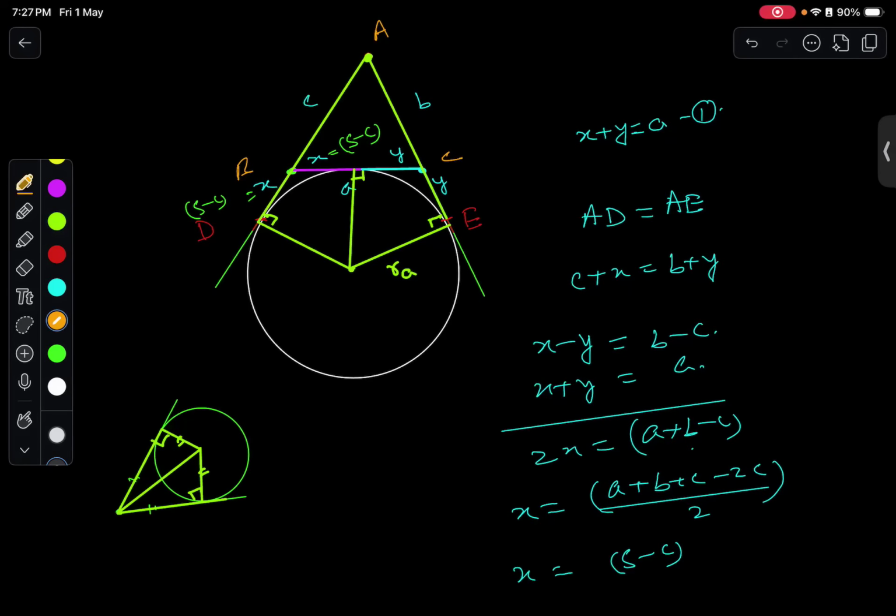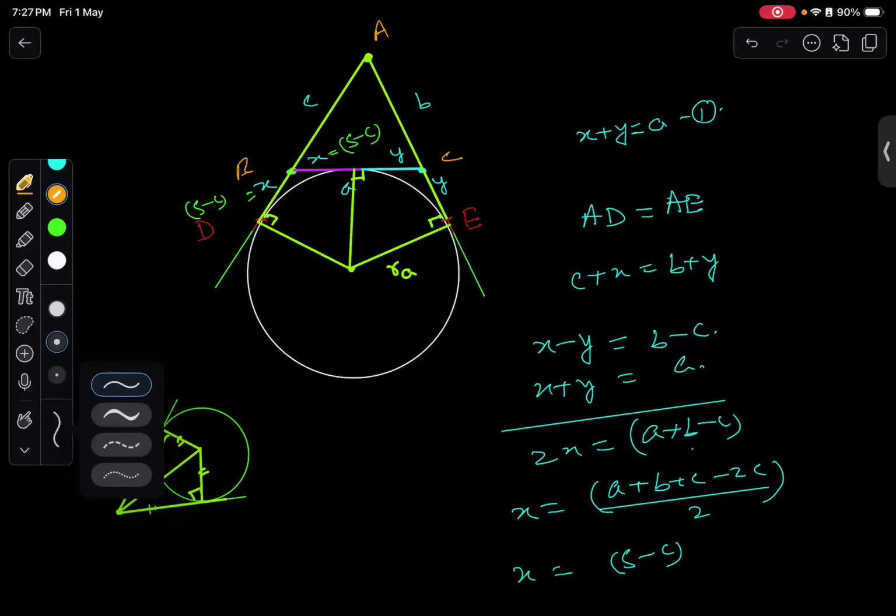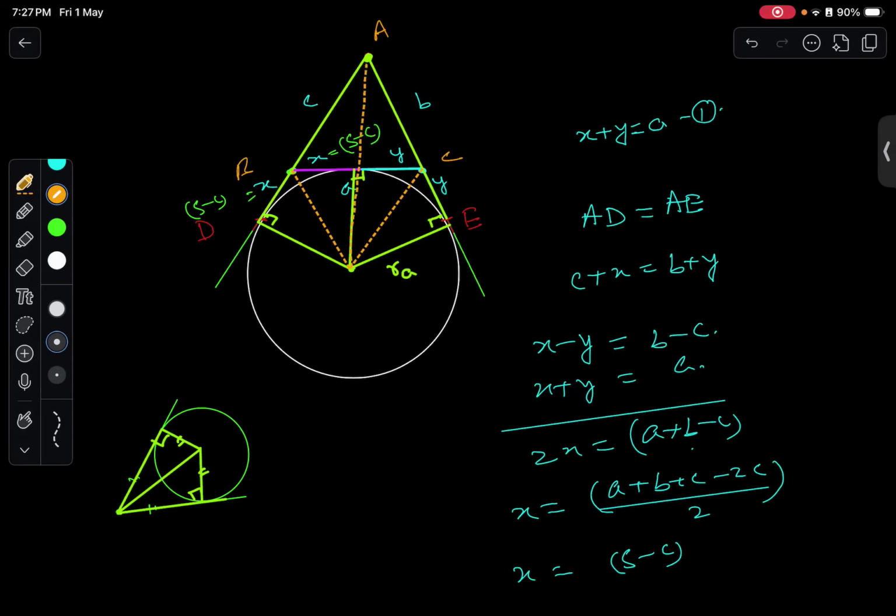See now, I have to go for the triangle and work on it. I'm taking help of this. Okay.